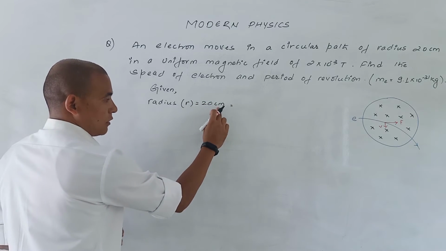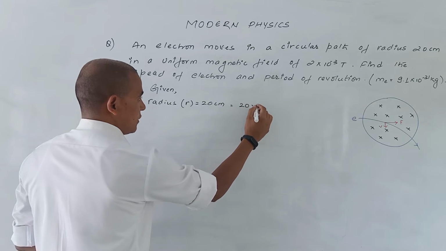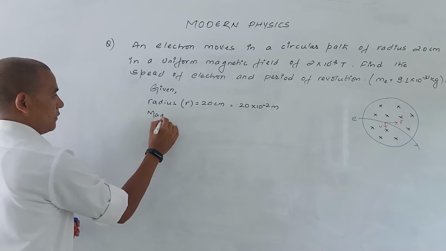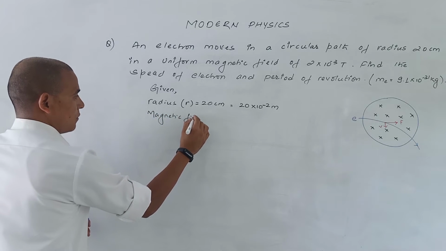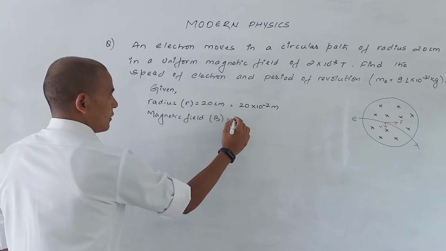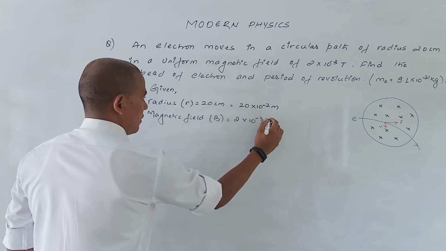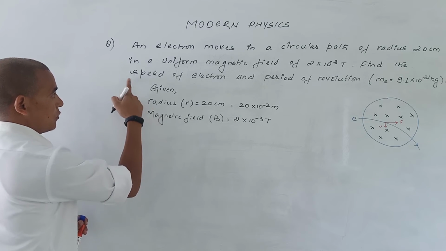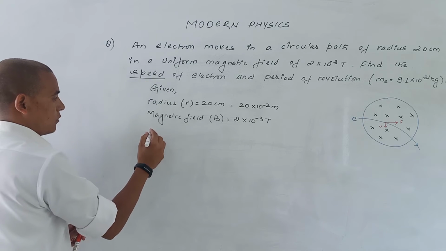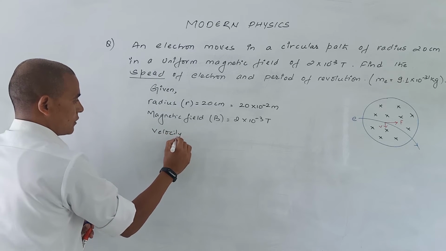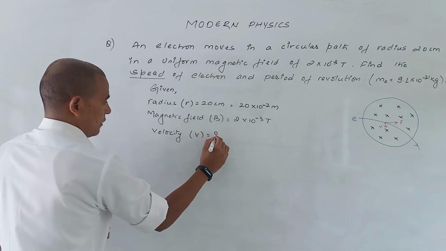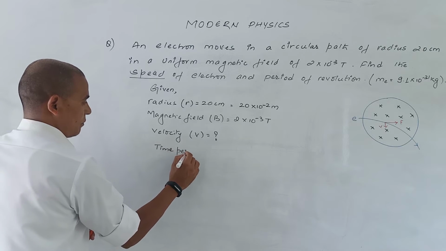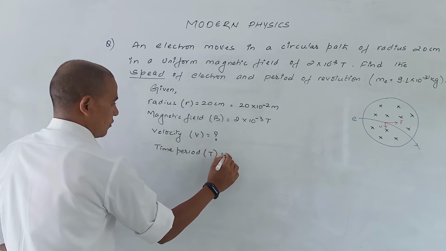We convert this into SI unit, so that will be 20 × 10^-2 meter. The magnetic field B is 2 × 10^-3 Tesla. They have asked for the speed, so velocity V equals what, and the period of revolution, time period T equals what.